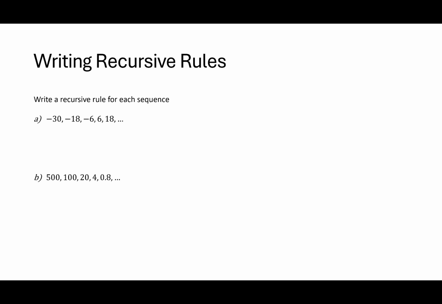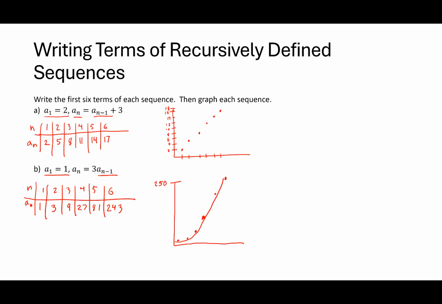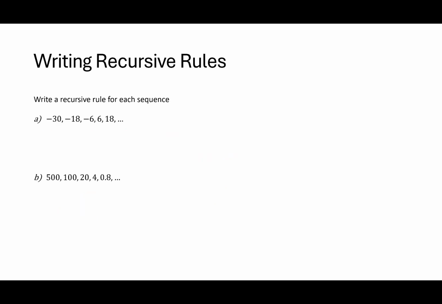Okay, so now let's get into the business of figuring out how do we write these recursive rules. Notice something both of these had in common. Both of them started by telling us what a of 1 was. So I'm going to start with that. My first term here was a negative 30.